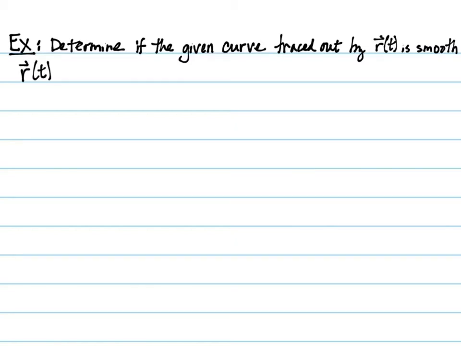And r of t is going to equal t to the 4th minus 2t squared, and then I've got 2t squared minus 2t. So we're looking at a planar vector in this one.